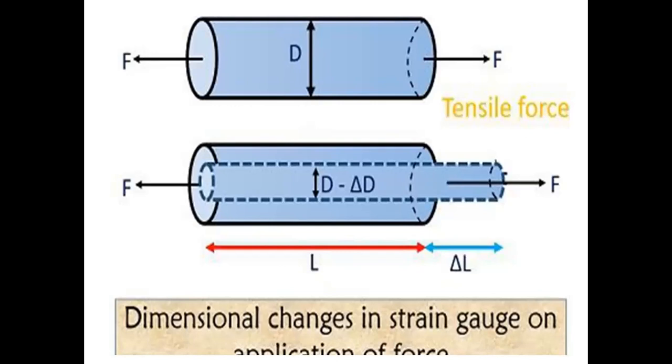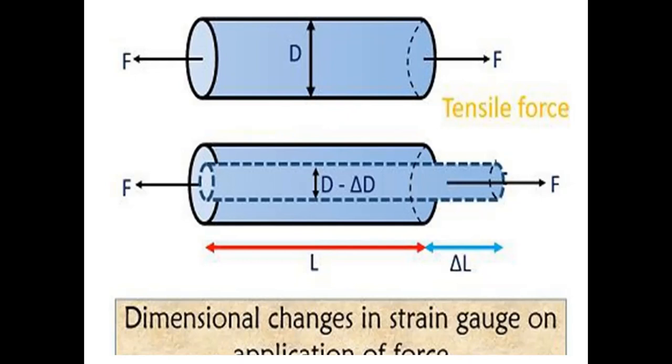If we find the resistance of an unstrained gauge, the resistance is proportional to the length and inversely proportional to the cross-sectional area. To remove the proportionality constant, we introduce the resistivity value rho.